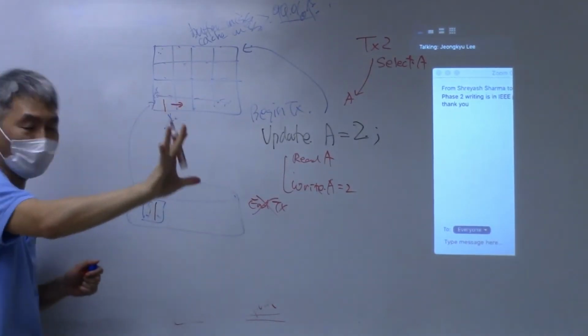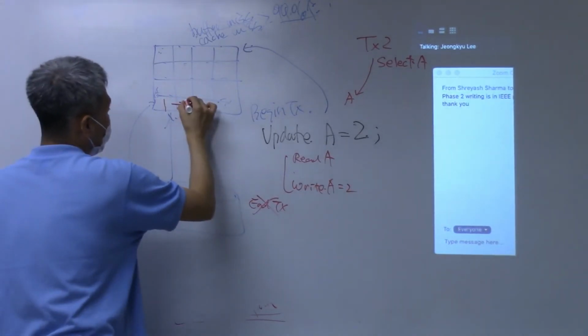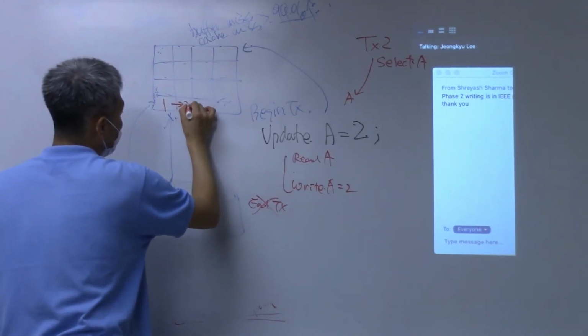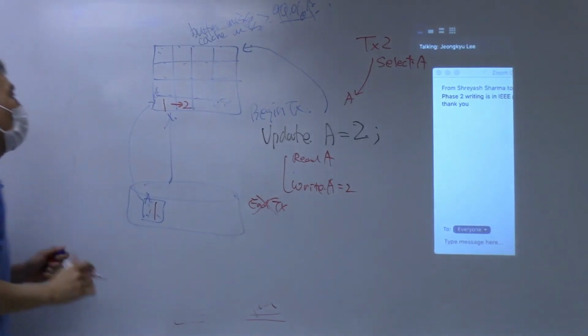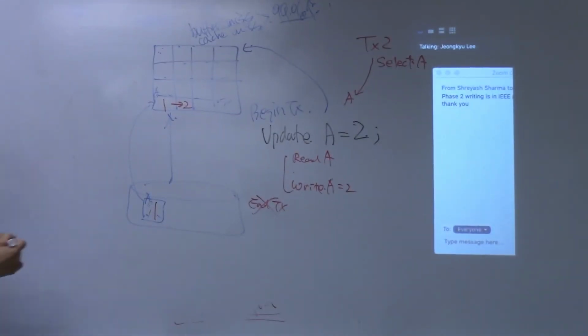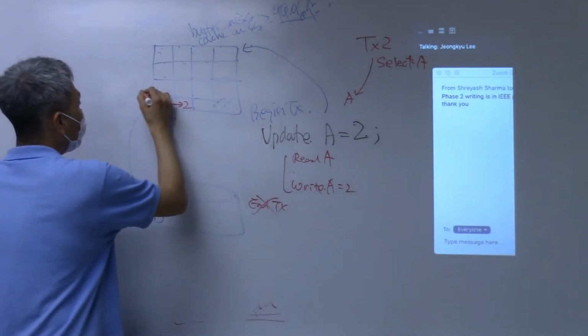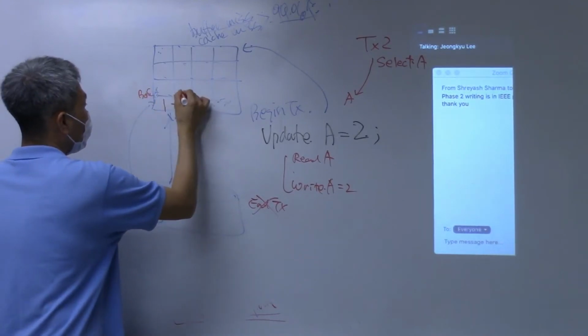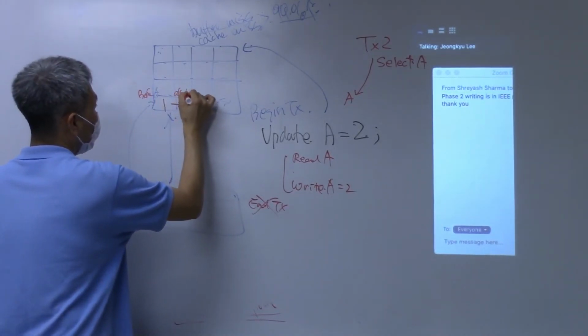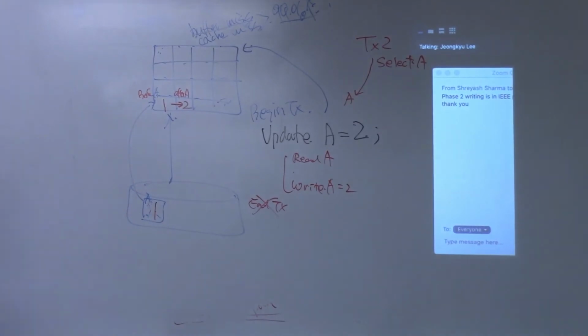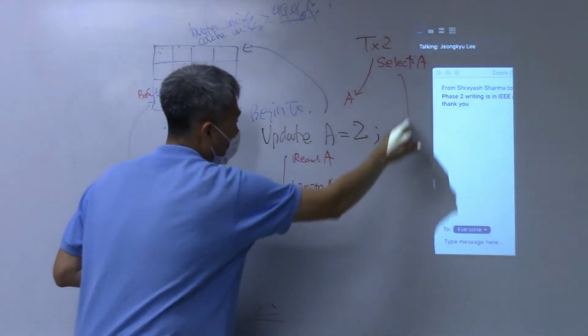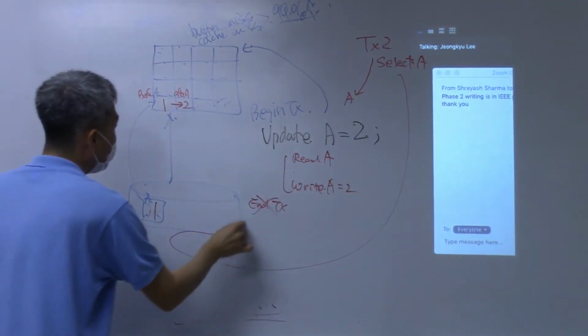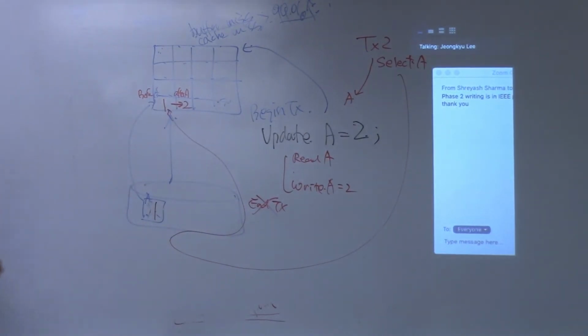There are many different ways. This is multi-version concurrency control, for consistency. So let's say 1 to 2. This is before A. This is after A. It's still 1. So in case another transaction would like to read the data, it can read this, the before A.